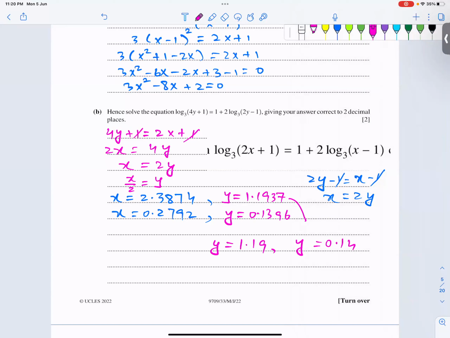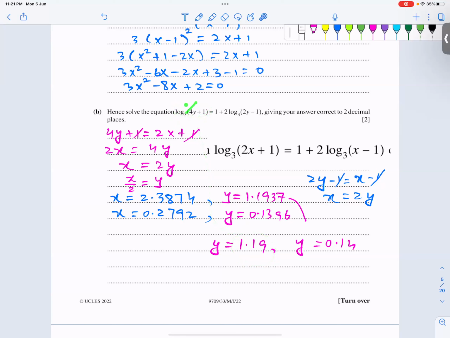But out of these two values, now you look at the equation. Let's suppose you put 1.19 in both relations, and this will become 4 times 1.19 plus 1. So that value will be positive, and log of a positive value is defined.